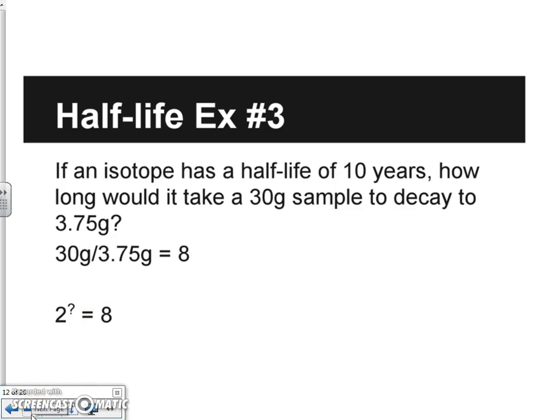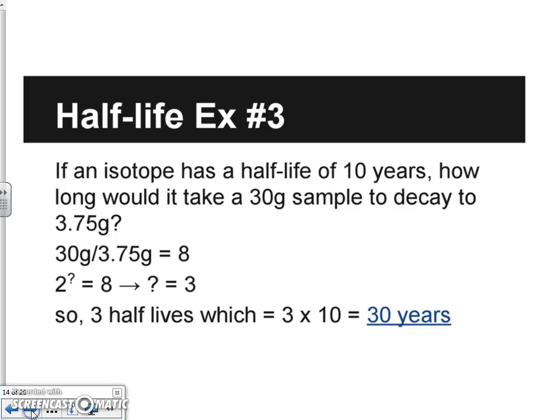Well, if you think about it, 2 times 2 equals 4, and a third 2 gets me to 8. So 2 to the third power equals 8. What that means is 3 half-lives have passed.